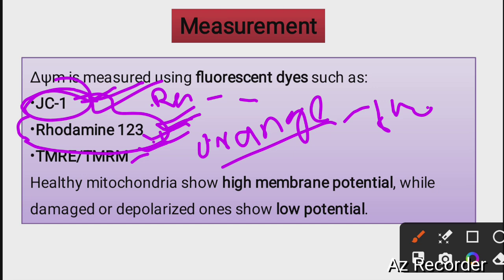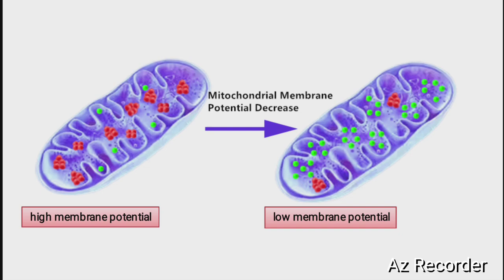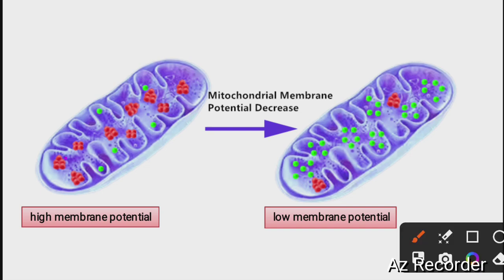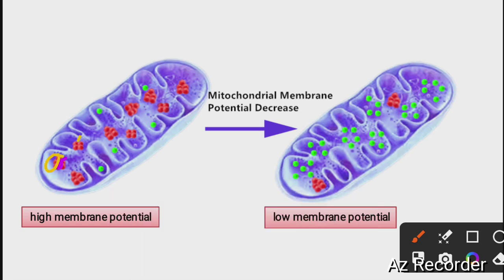So scientists measure this voltage using special fluorescent dyes like JC-1 and TMRE. Bright fluorescence is equal to healthy mitochondria. Here in JC-1, the red aggregates, you can see in the picture, show the high membrane potential.